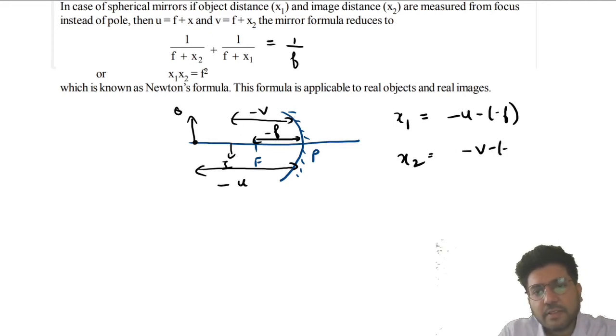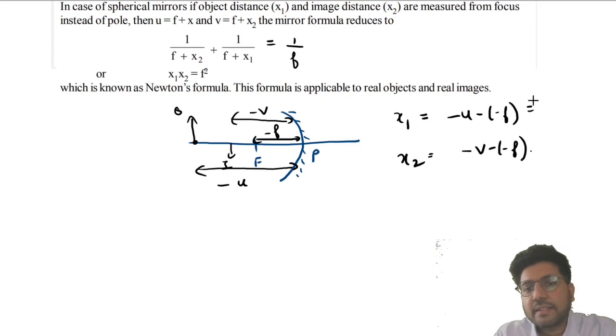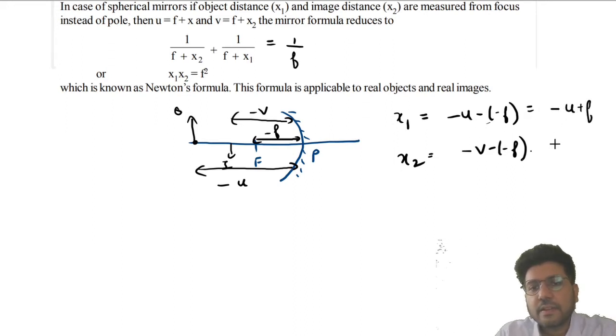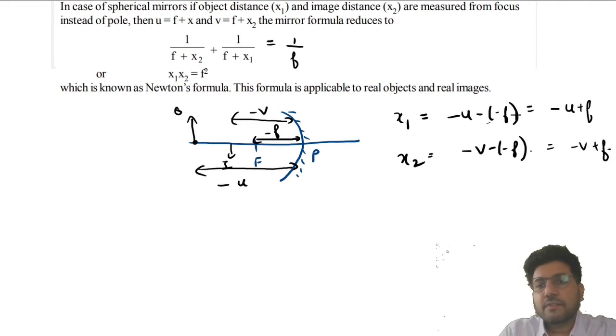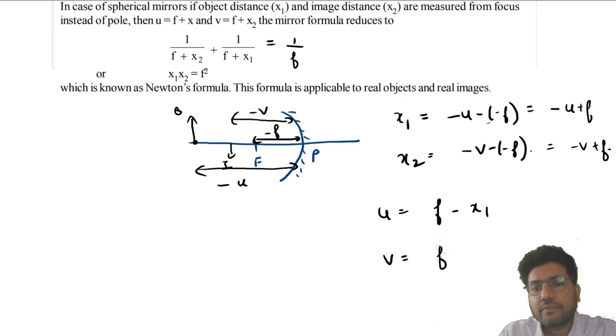Focus obviously is minus f, so this will be minus u plus f, and this will be minus v plus f. From here you will get u is equal to f minus x1 and v is equal to f minus x2, right?